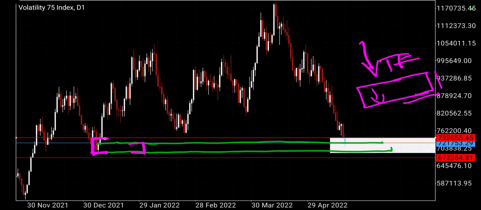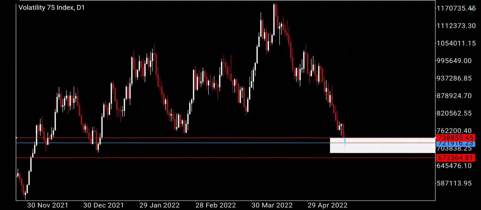Same here. This was our weekly zone. When I move to daily it has a smaller zone, but they are located in the same area. So we can see that currently the price has hit the weekly support area. It has also hit the daily support area, which is inside the same weekly zone we talked about.